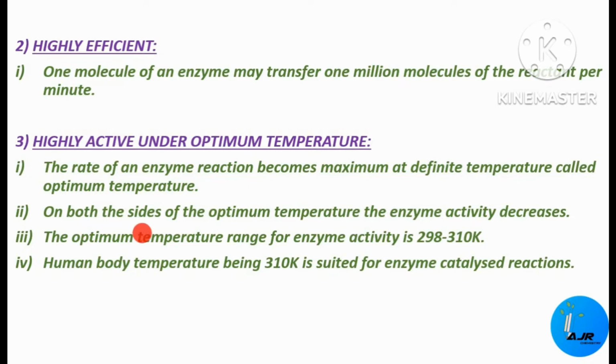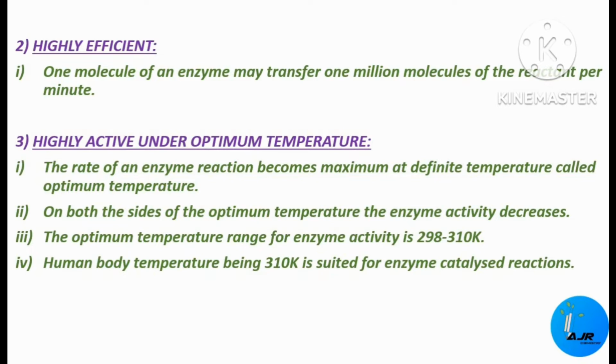On both sides of the optimum temperature, the enzyme activity decreases. Below the optimum temperature, enzyme-catalyzed reactions are slow, and above it, the enzymes get denatured and lose their activity.